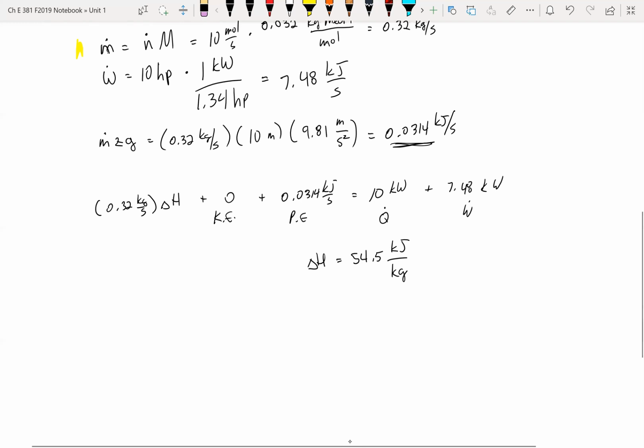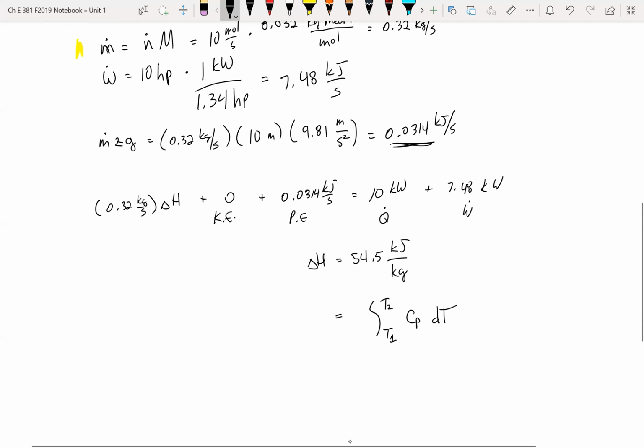All right, so now that I got to a delta H, we know that delta H is just going to be the familiar heat capacity integral.